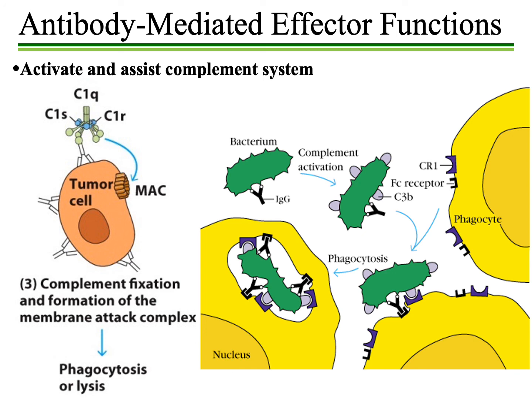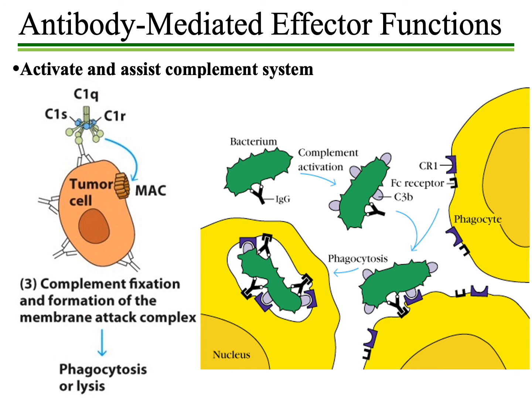In the left-hand portion, you can see one aspect of what happens as an ultimate result of activating the complement system. Antibodies interact with the antigens in a target cell, listed in this figure as a tumor cell.